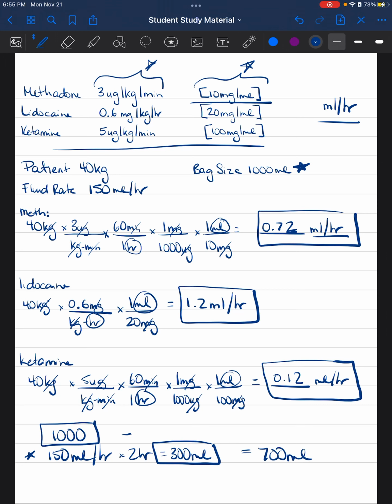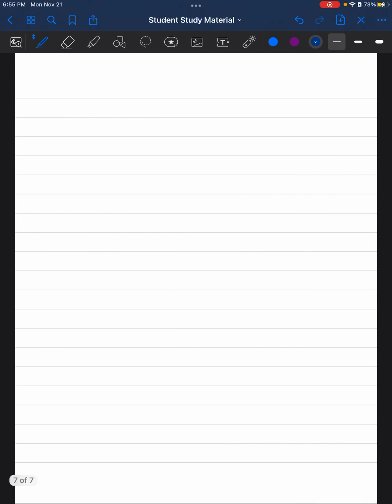So let's go to the next page here, okay? So we've got 700 mils, and our fluid rate, we said, was 150 mils an hour. So how long is this 700 mils going to last us?